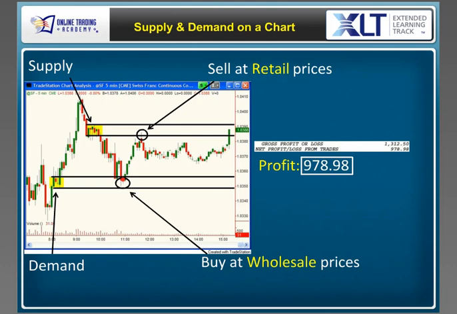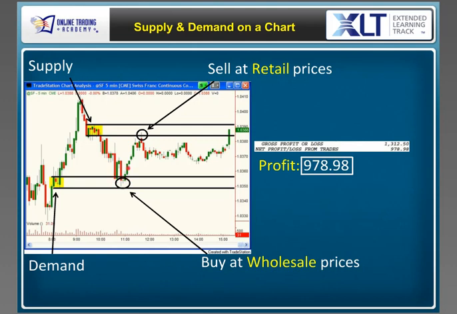Now the trading books will say, let the level be tested a few times and then buy. Make sure there's buyers there. Well, we don't want to do that. What the book is saying is, don't buy when the risk is low and the reward is high and the probability is high. The book version is saying, buy when the risk is high and the reward is low and the probability is even lower. So be very careful.